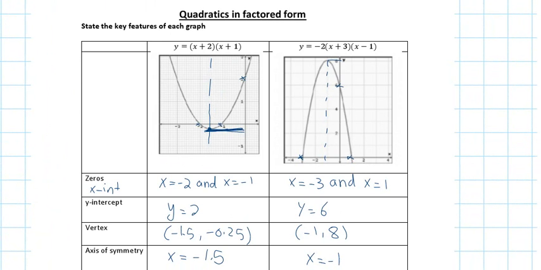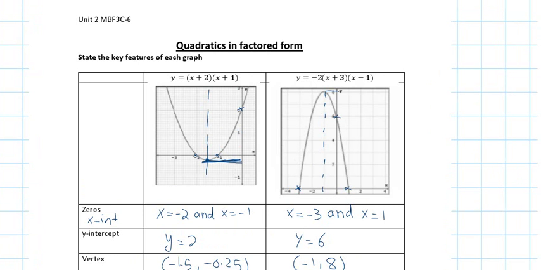Are they in factored form? Yes, in factored form. These are the three forms that we have been talking about. We talked about the standard form, which is the expanded form, right? That's the standard.